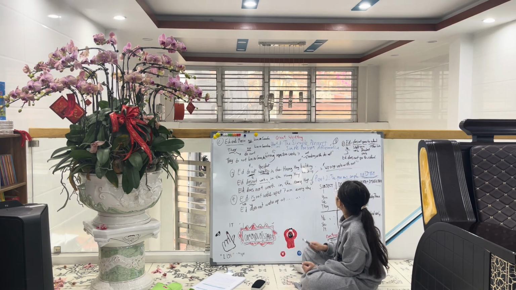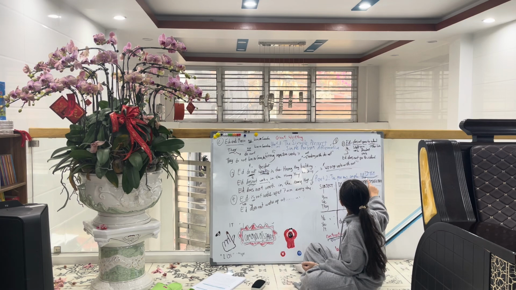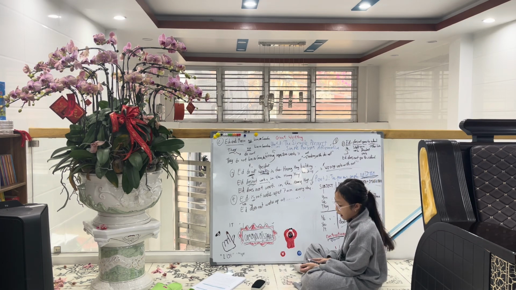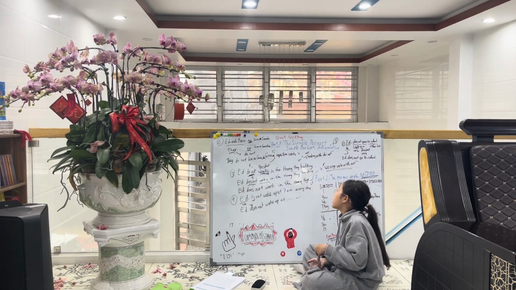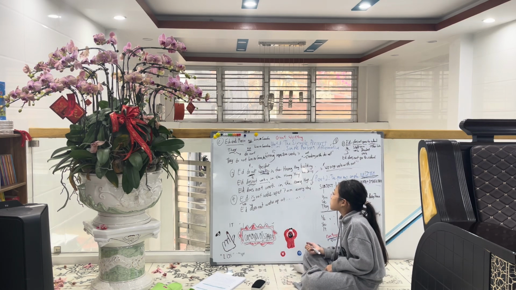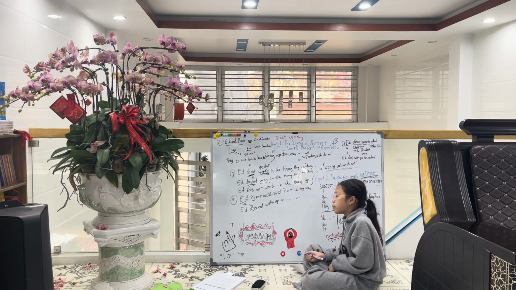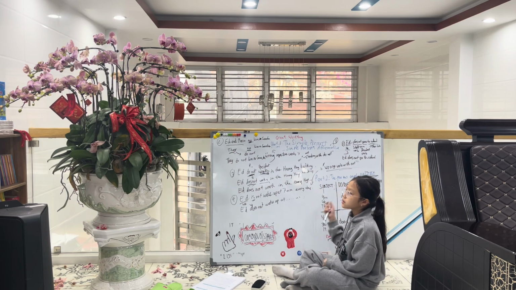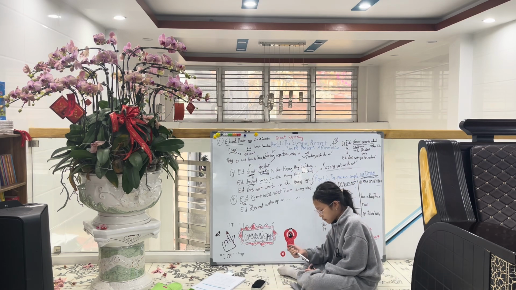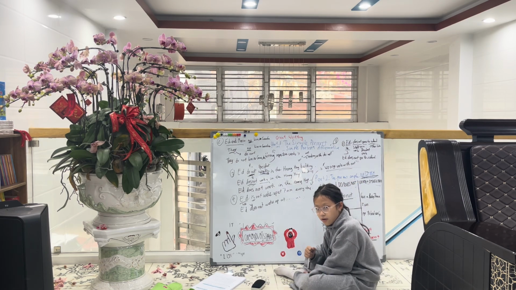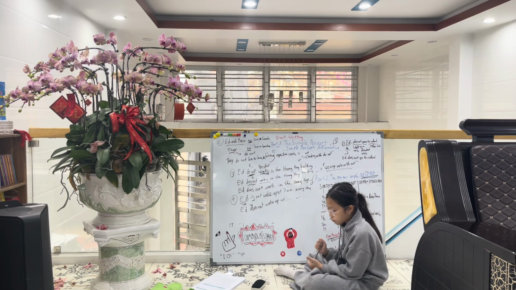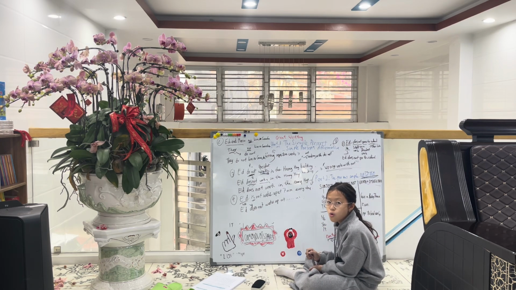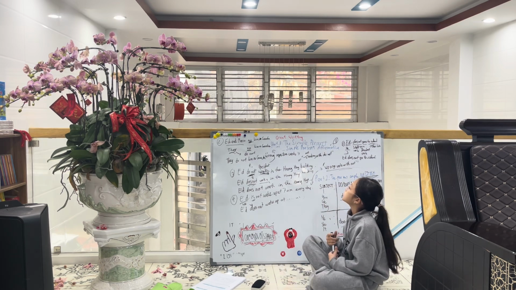Now, part 2, the present simple negative. How many common mistakes are there? And what did I warn you about? What is the warning that I told you to be careful about? 5, 4, 3, 2, 1. Time's up.